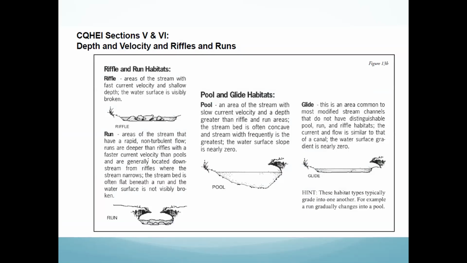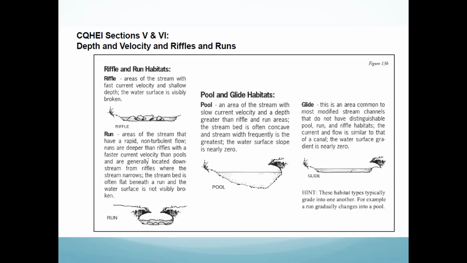So one of the cQHEI sections that you'll need to know about is the depth and velocity of riffle and run habitats. So riffle habitats, these are areas with fast stream flow. The water surface is often broken, so you can see breaks in the water where it's moving quickly.